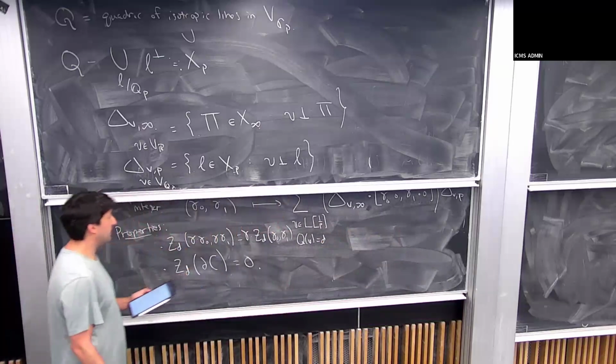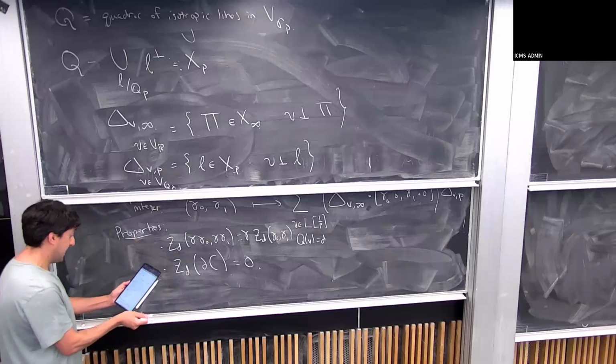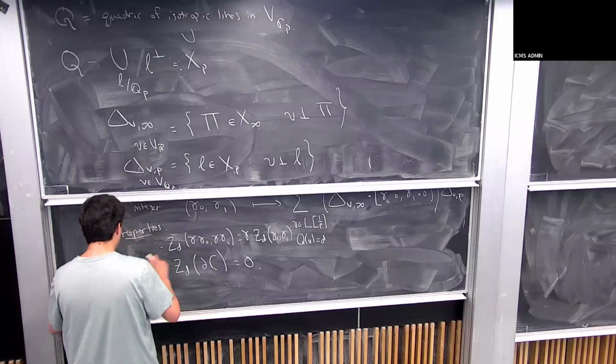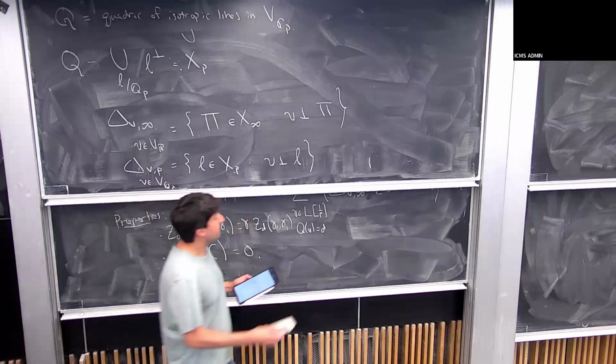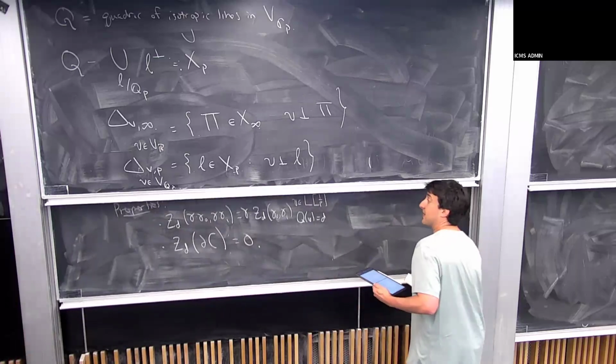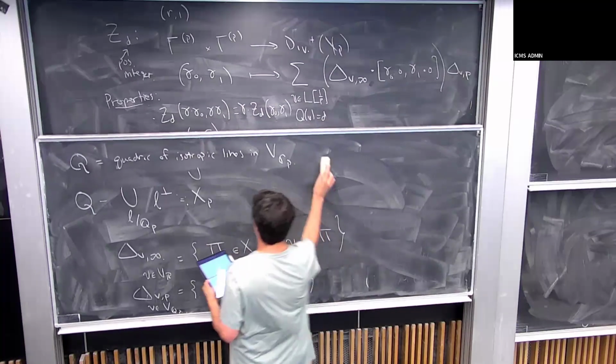So in other words, this thing actually defines a 1-cocycle for the P arithmetic group. Okay, so I'll end by stating a theorem. That's basically all I have time left to do, then we'll stop.